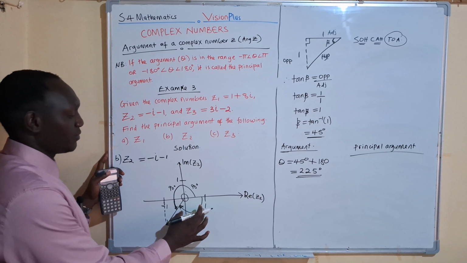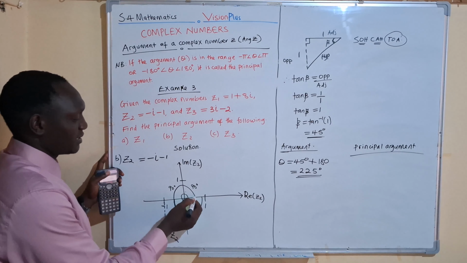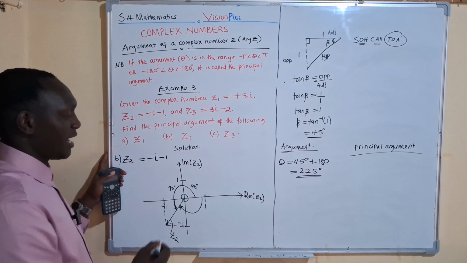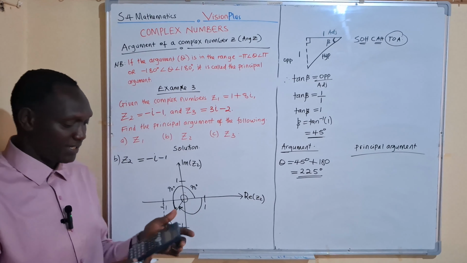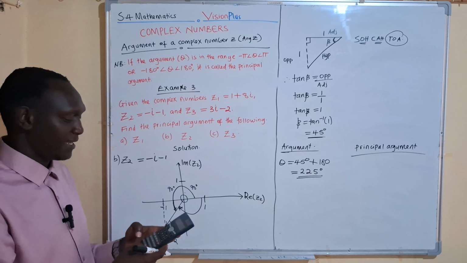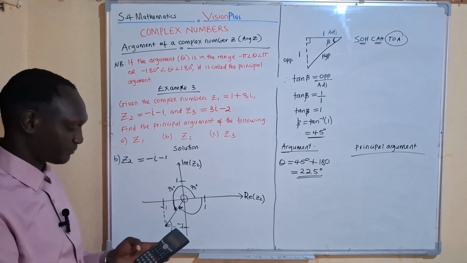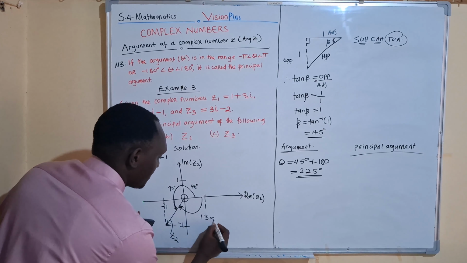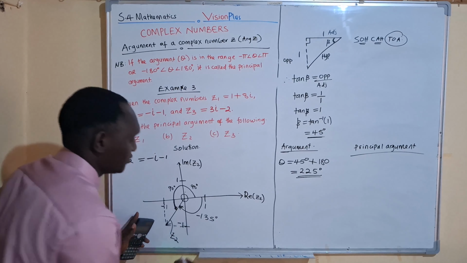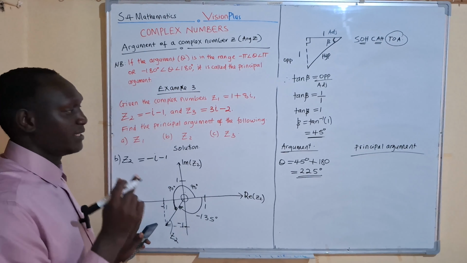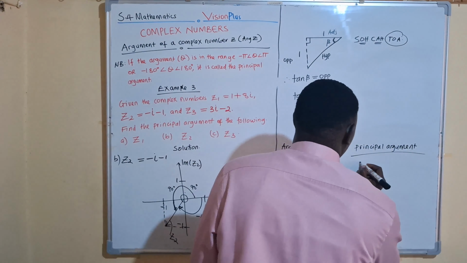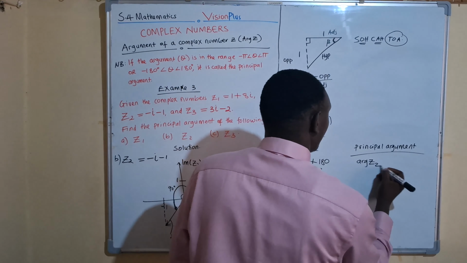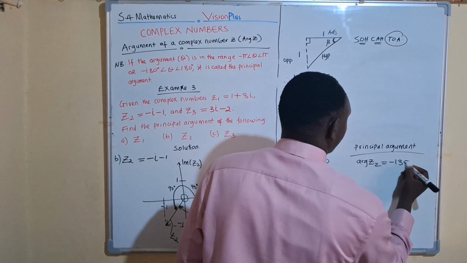Now, you don't need to waste time. Since you already know this side from here anti-clockwise up to where the complex number is, and you know the complete revolution, then you can just say it is 360 minus 225, which is 135 degrees. But we are saying it is negative, because we measured it clockwise. So now the principal argument of Z2 is negative 135 degrees.